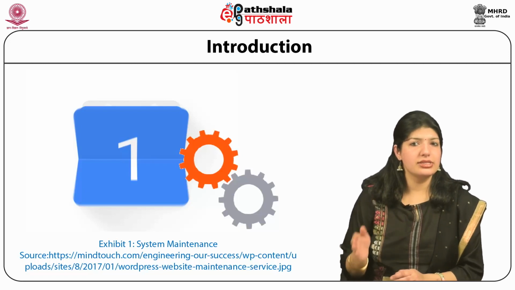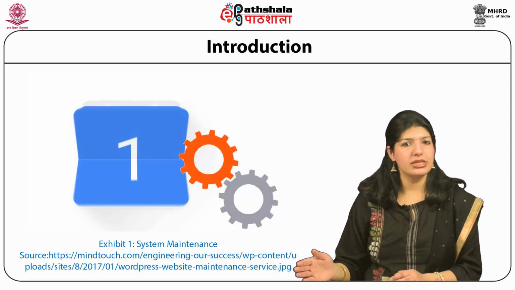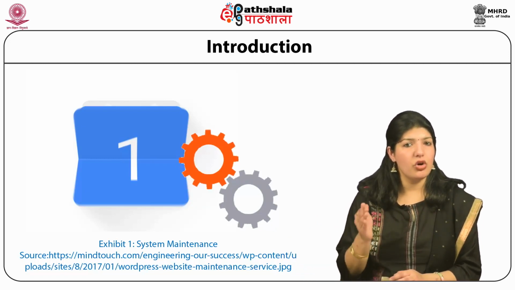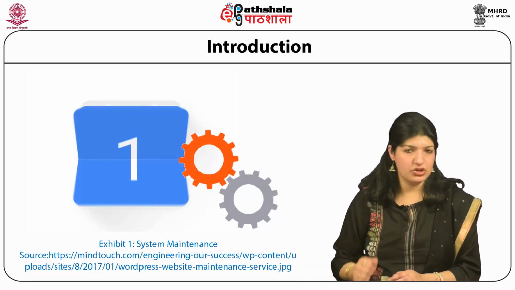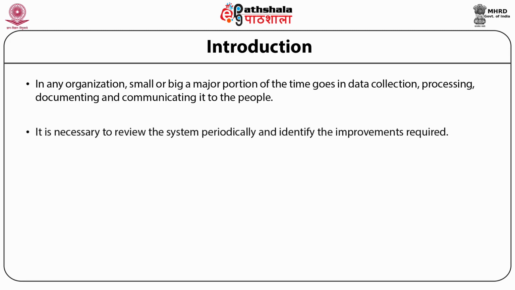Maintenance coordination is the act of assessment, planning, and scheduling of maintenance activities, taking into account the operation, maintenance, and engineering requirements. A portion of the time goes in the collection of data, then processing it, documenting it, and finally communicating it to the target audience. It is necessary to review the system periodically and identify what improvements should be incorporated.